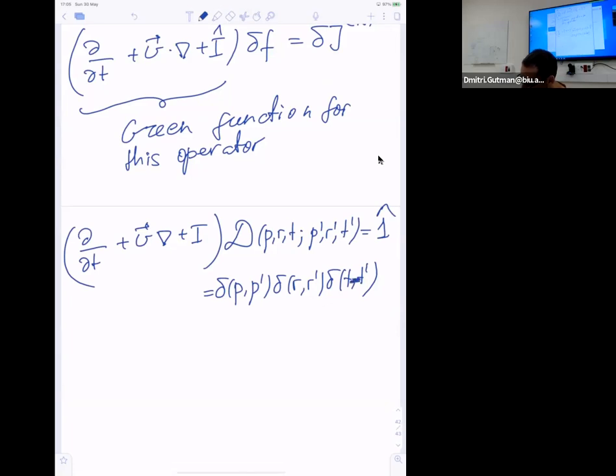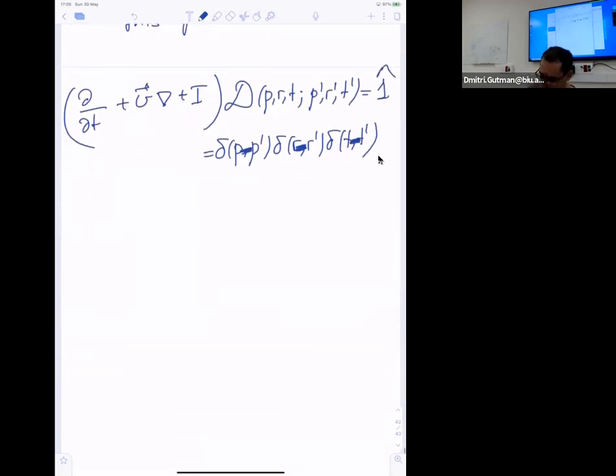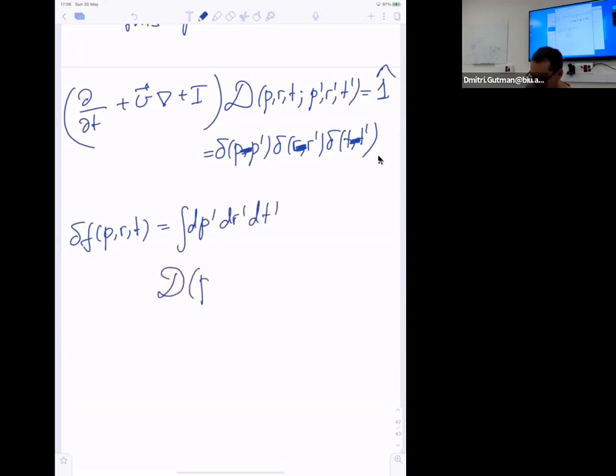Okay, let's make these delta functions continuous delta functions. So if I manage to find this operator, then delta f as a function of p, r, and t will be equal to the integral over dp prime, dr prime, dt prime of this Green function, p r t, p prime r prime t prime, times delta J external at the point p prime, r prime, t prime.